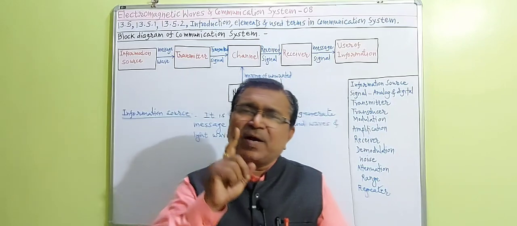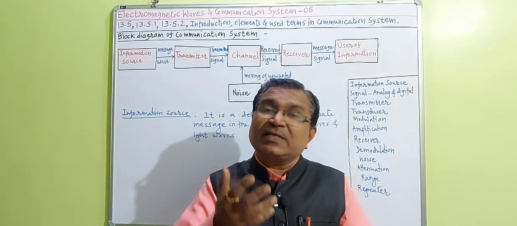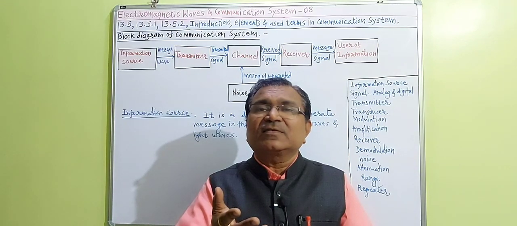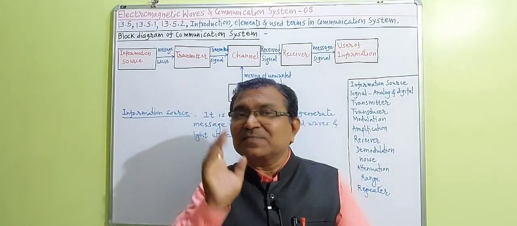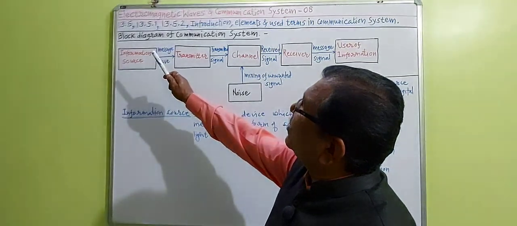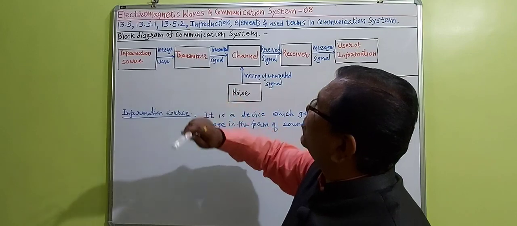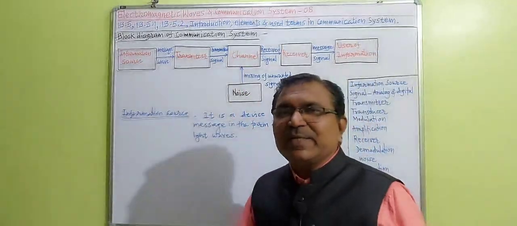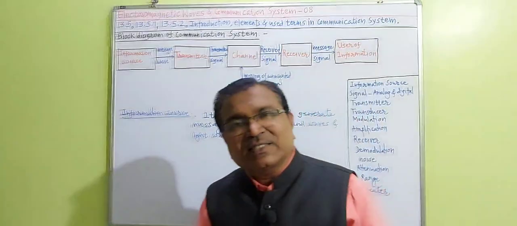But dear students, mind well, I kept that article behind, and instead I am interested to discuss with you the article communication system at first. The article is 13.5, 13.5.1, 13.5.2: introduction, elements and used terms in communication system.